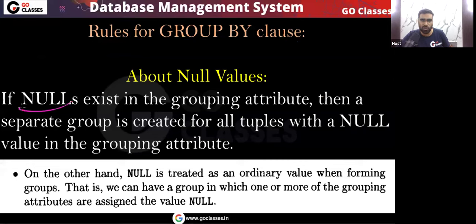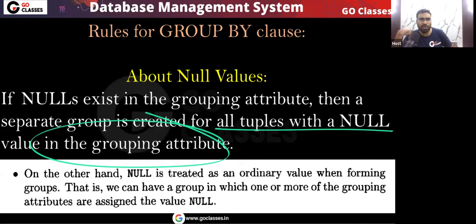When you are creating a group, treat the null value as a normal value. Remember, null is treated as an ordinary value when forming the groups. Or I can say that all the tuples with null value will create one group.